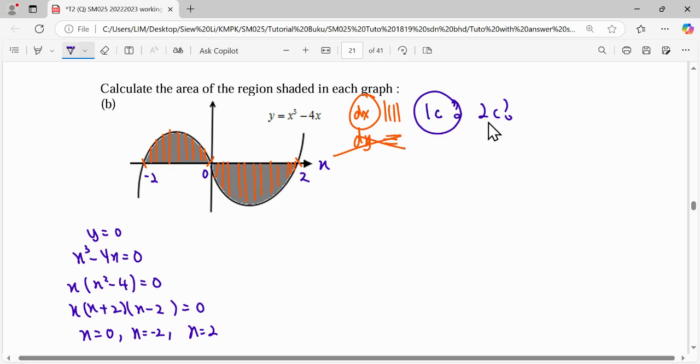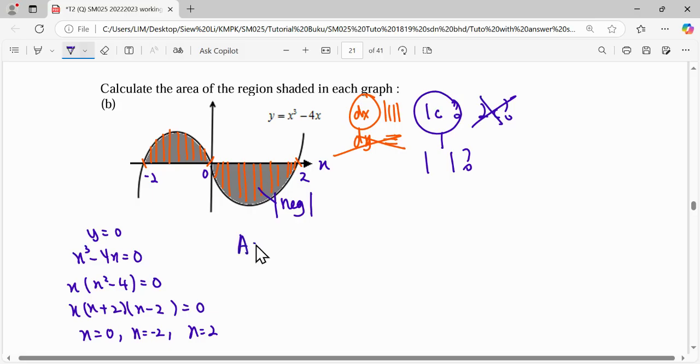For one curve formula, we need to consider whether it needs a modulus or not. The region below the x-axis is negative, so when we calculate below the x-axis, it gives you a negative value. So for this region, we need to use modulus to make sure the area is always positive.